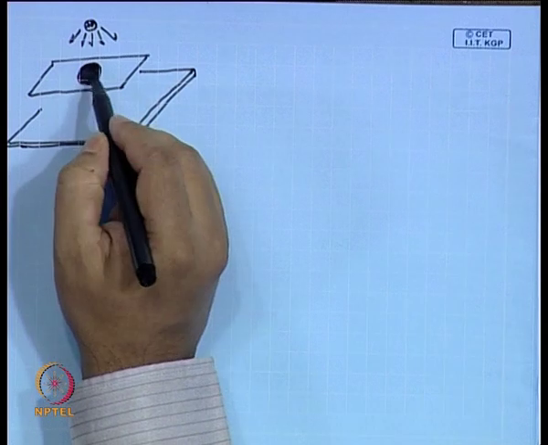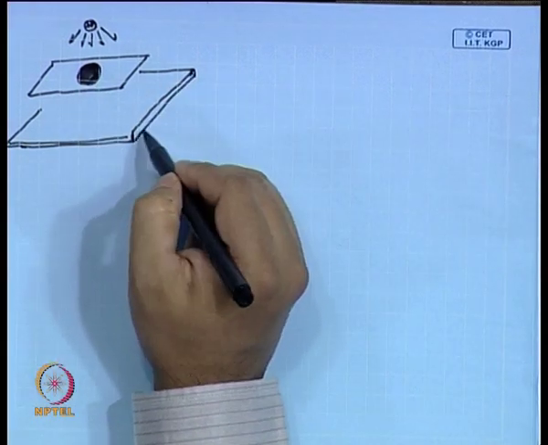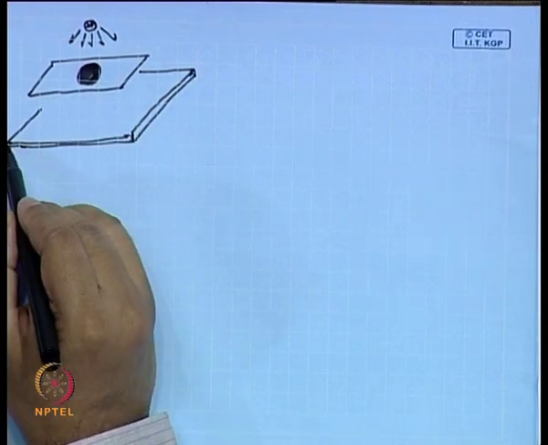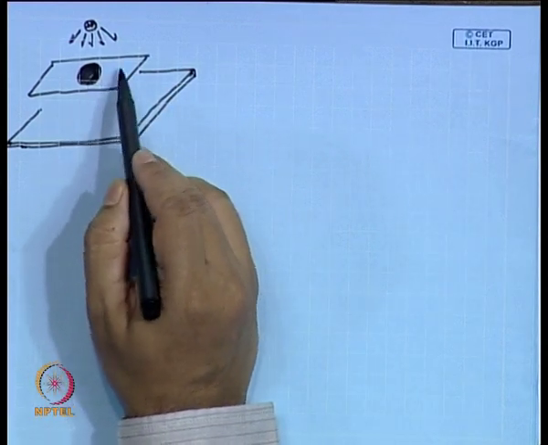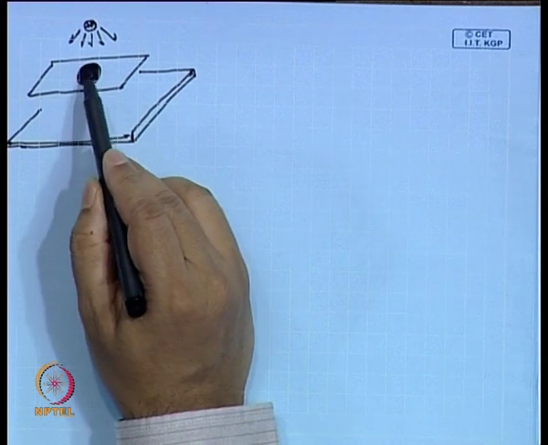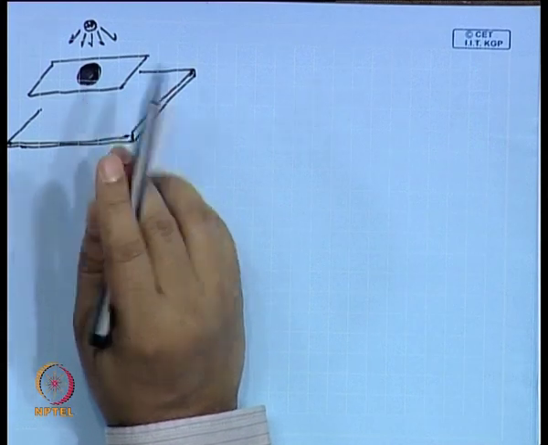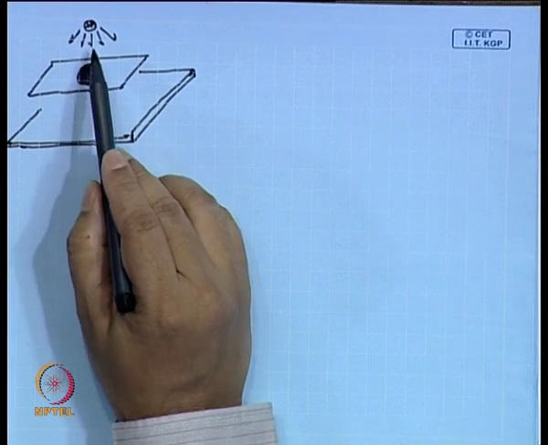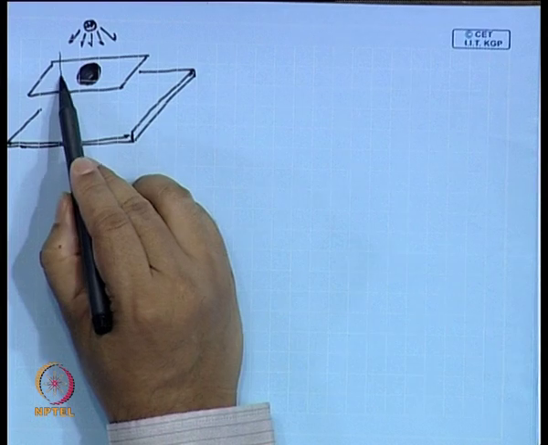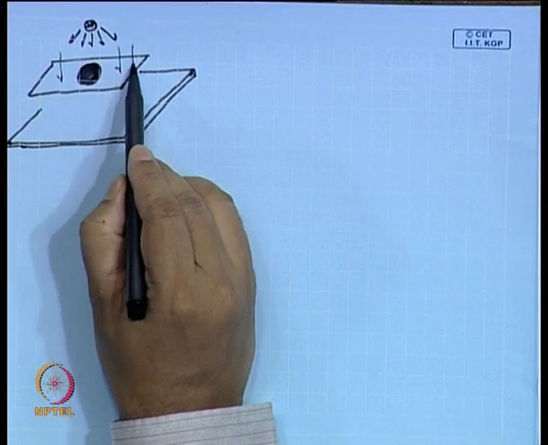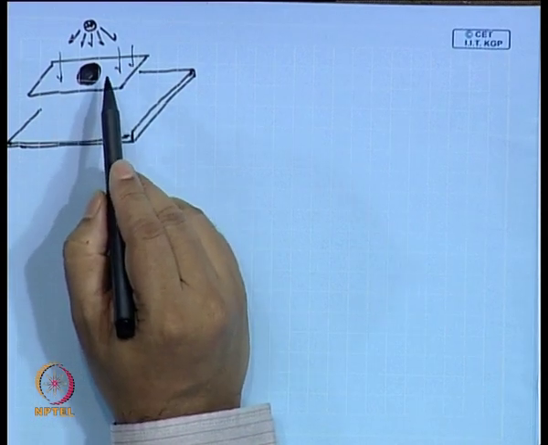Now, you are coating this polymer on the substrate, and then you have a mask, a portion of which is dark. How do you make it dark? That I am coming to. Now, as the light comes there, light can go through this part of the mask, but not through this circular portion.